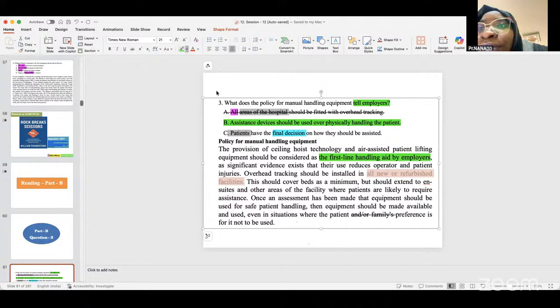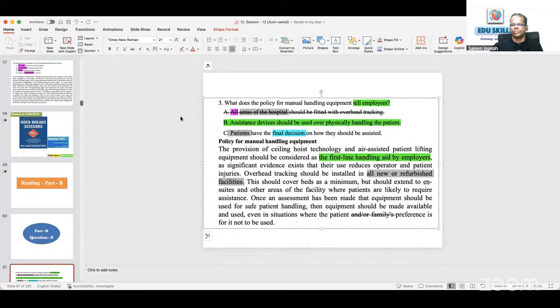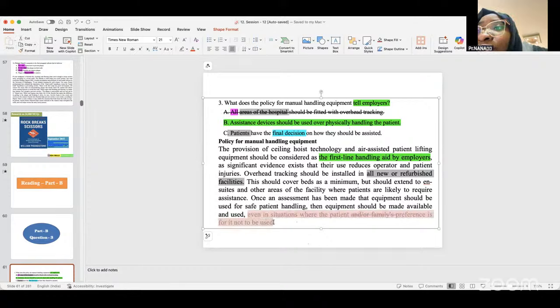This should cover beds as a minimum, but should extend to ensuites, suites and other areas of the facility where patients are likely to require assistance. Once an assessment has been made that equipment should be used for safe patient handling, the equipment should be made available and used even in situations where the patient and or family preference is for it not to be used.